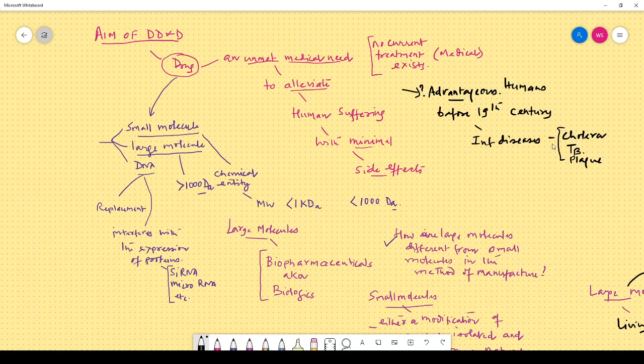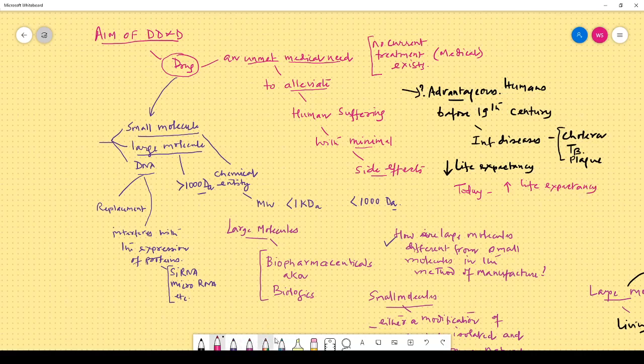Okay, these diseases, they killed multitude of people. As a result, life expectancy was really, really less. And today we have increased life expectancy.